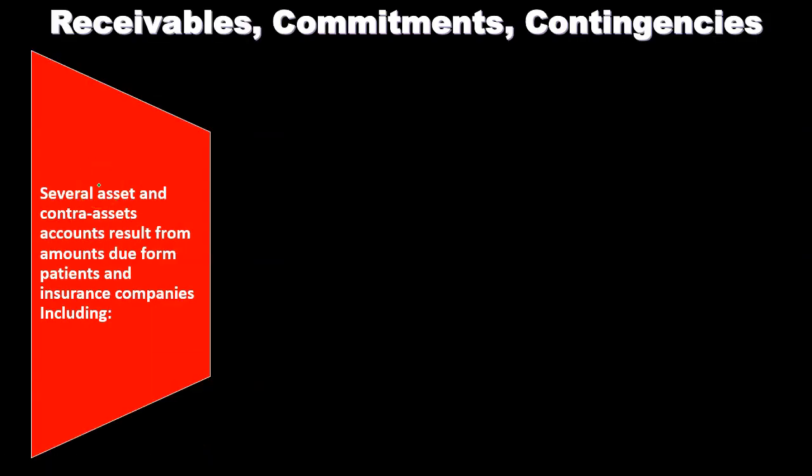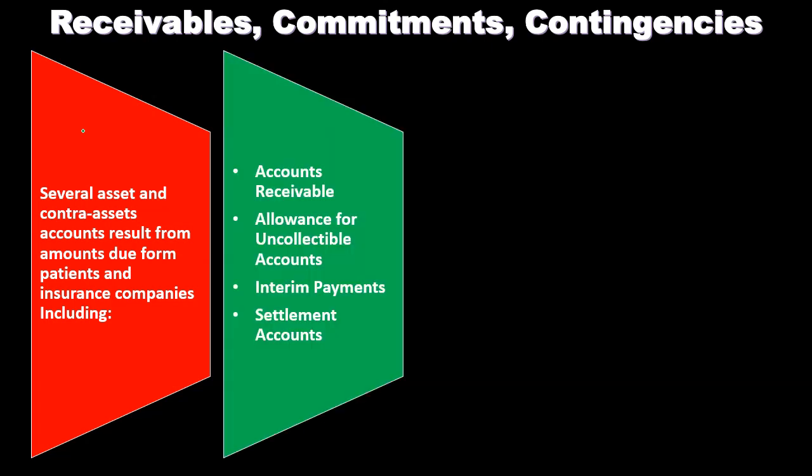Receivables, commitments, and contingencies. Several assets and contra-asset accounts result from amounts due from patients and insurance companies. So in other words, most of the receivables we're going to have are due from patients, and of course, if we're healthcare organizations, insurance companies. That could include accounts receivable.